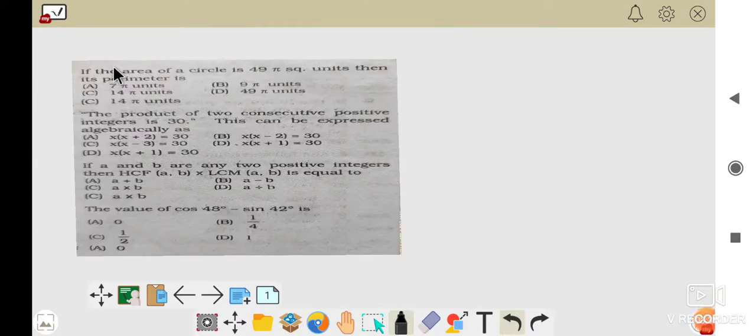Now if the area of a circle is 49 pi square units, then its perimeter is... so perimeter we have to find here. The answer is given as 14 pi units. So how are we getting 14 pi units? Let us see here. We know that the area of a circle formula is pi r square.